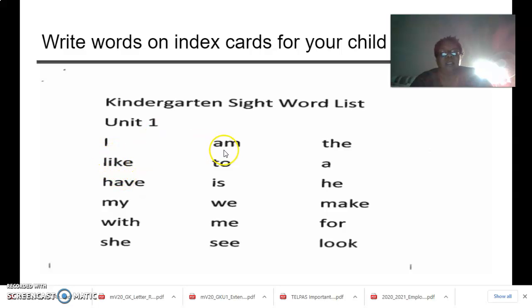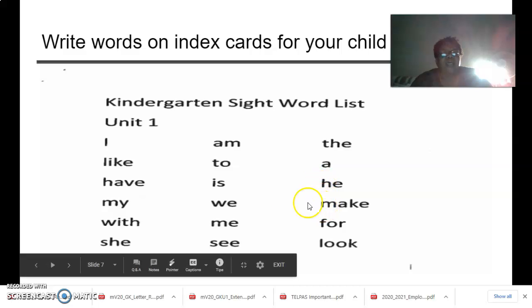I, am, the, like, to, a, have, is, he, make, we, my, with, be, for, look, see, she.